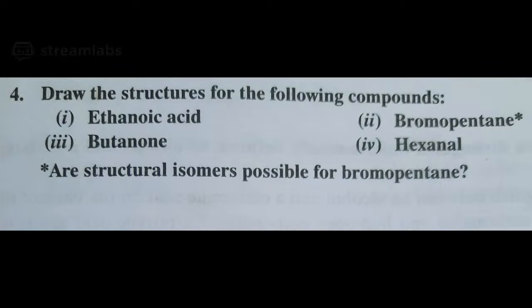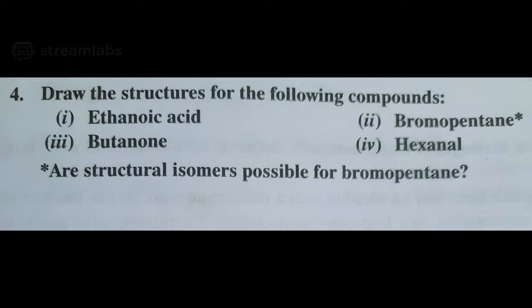Bromopentane. Write the pentane, remove 1 hydrogen, join Br. Butanone. Now in the butane you just write the butane and somehow in the center remove 2 hydrogen and give double bond O. That will be butanone. Hexanal. Write hexane.